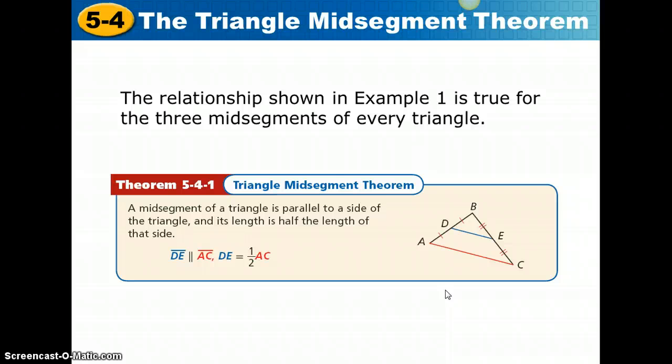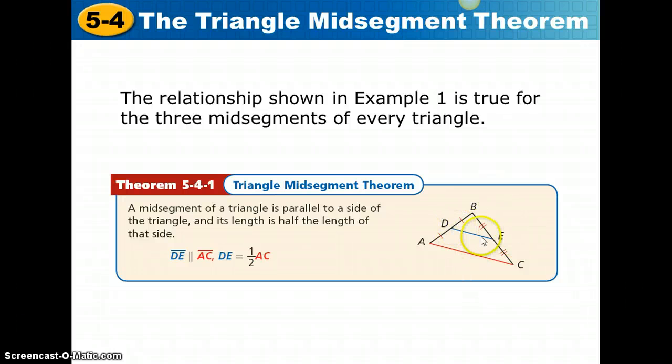So what these two examples have just shown you, and again, if you need to rewind and look at those and do some more calculations till you get what I have, that's fine, go ahead and do that. But once you have done those two examples correctly, this is what you should recognize. When I take a triangle midsegment, it will be parallel to the side of the triangle that it does not intersect, and it will also be half the length of that side to which it is parallel.